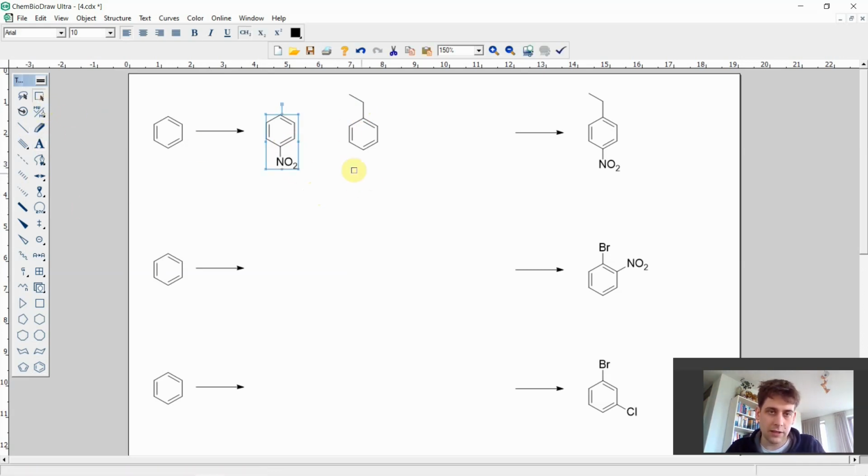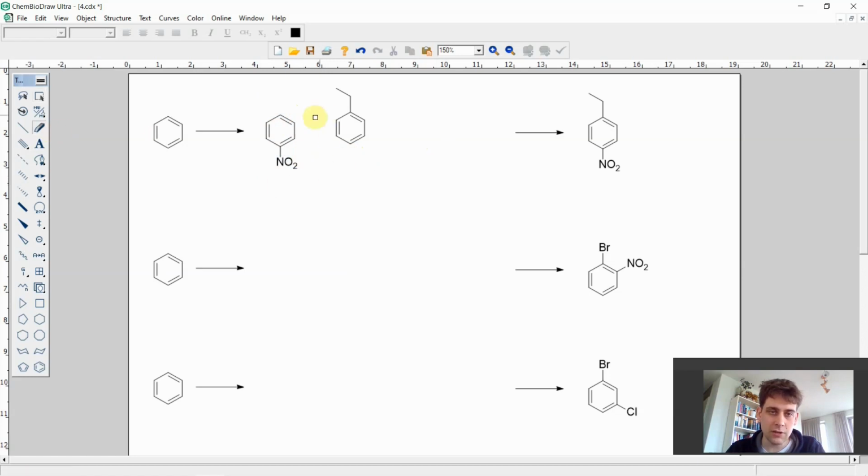What we can clearly deduce from here is that it's better to first introduce the alkyl group, because the alkyl group has a directing effect in 2 and 4 positions, so it favors an attack here opposite to it, and that's where we want to get our nitro group. Whereas when we introduce the nitro group first, the attack would be favored in 3 position, so in meta position, and that's not something that we would like to happen, because we want the second substituent in para position, and this is not favored when we introduce the nitro group first.